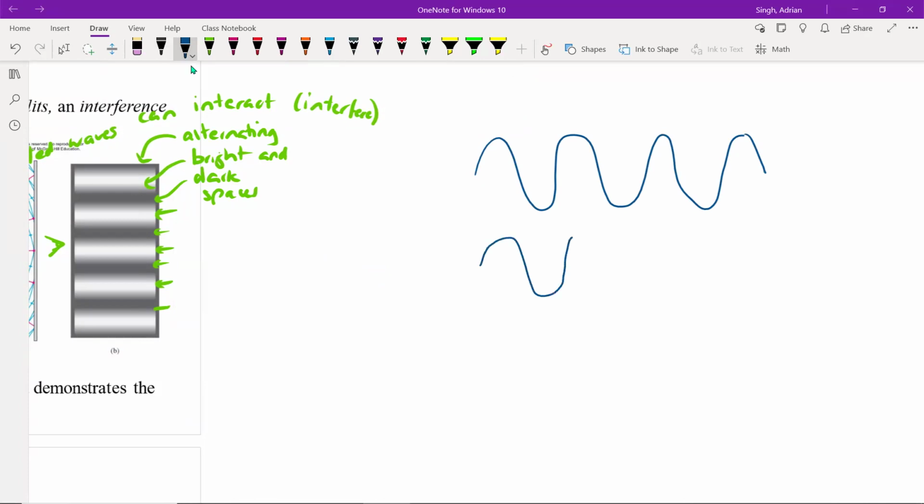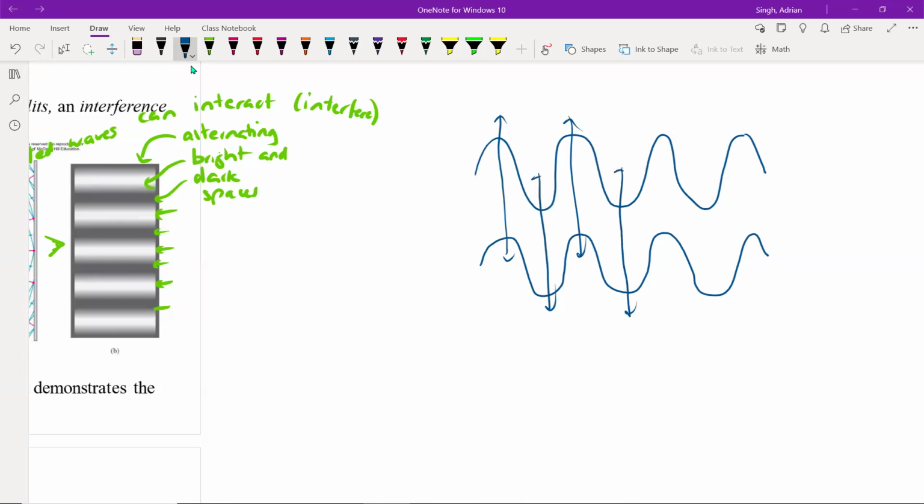So all the peaks line up, all the troughs line up, all the peaks line up, all the troughs line up, etc., all the way through.